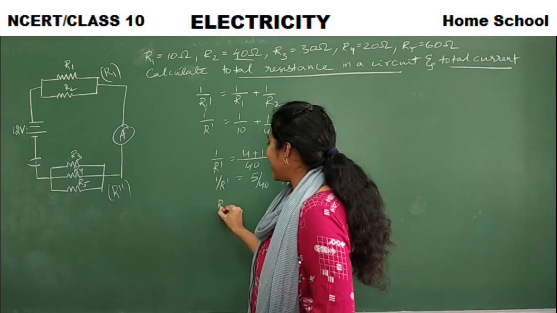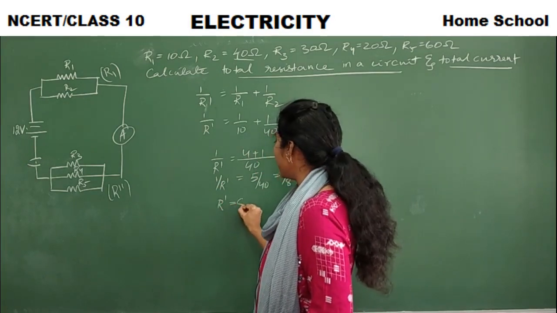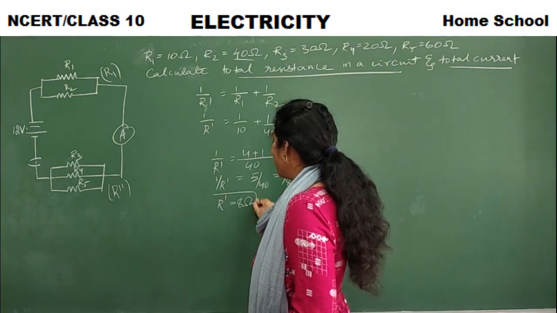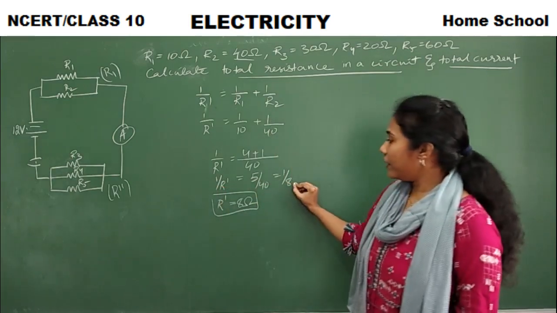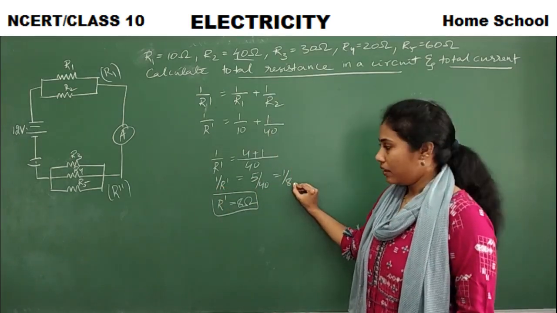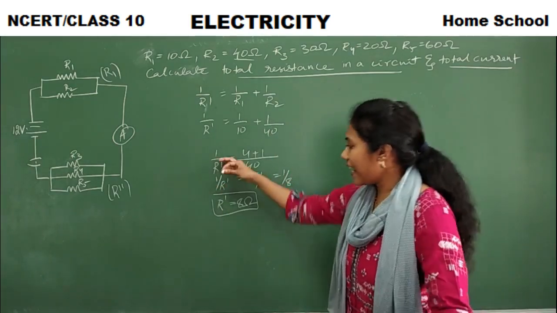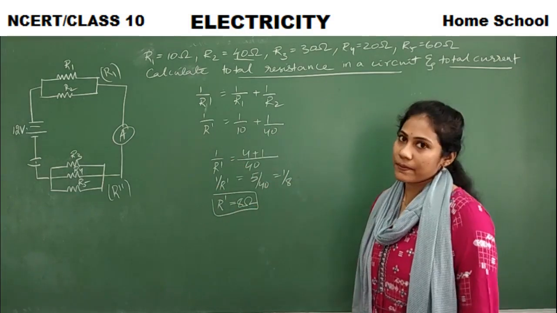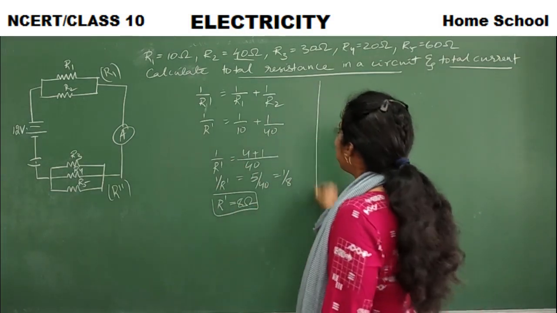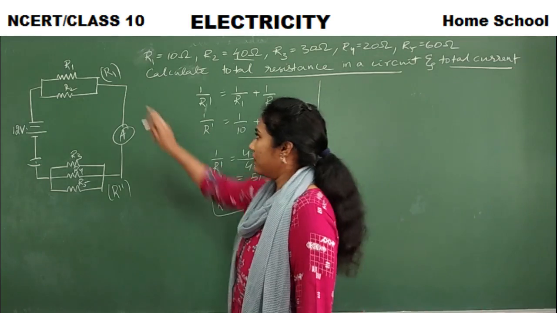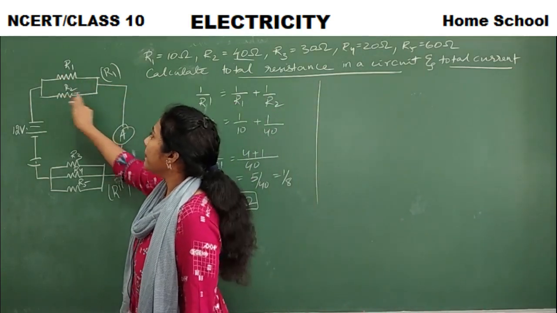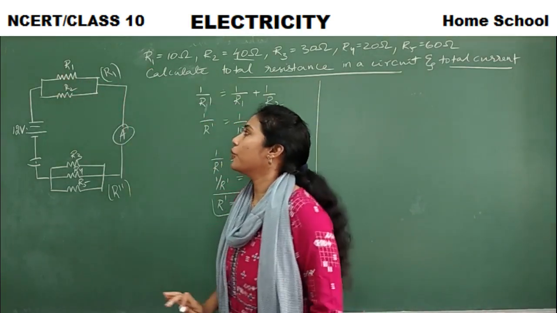So what is our R dash? 1 by R dash is equal to 1 by 8. Taking the reciprocal, R dash is equal to 8 ohms. So we have calculated R dash, the resistance of this particular combination.